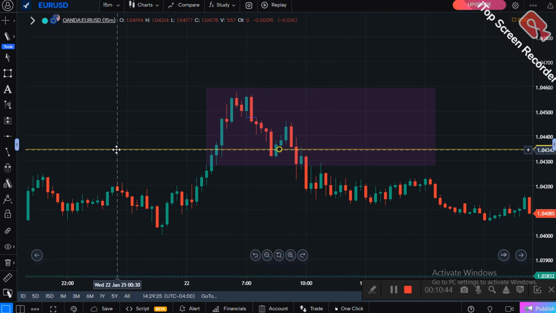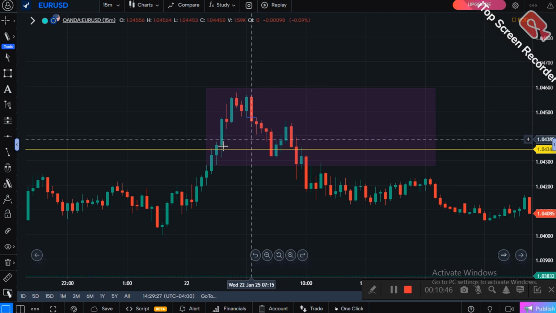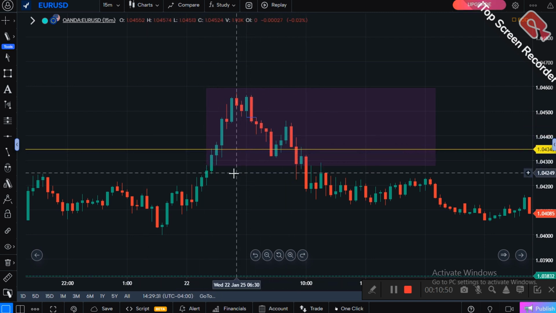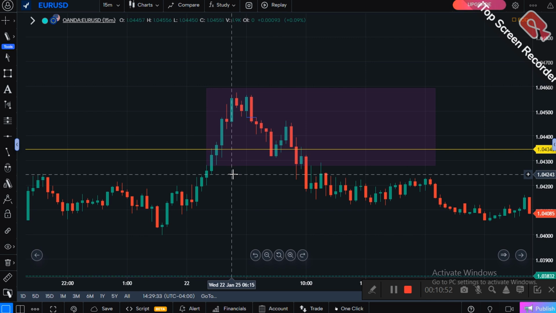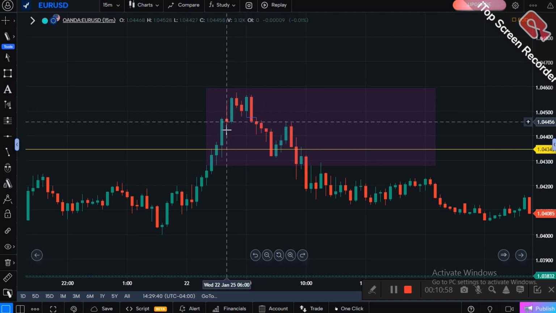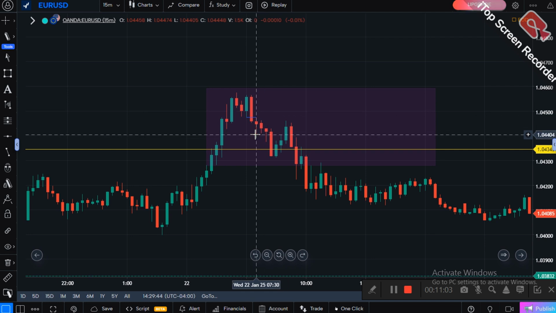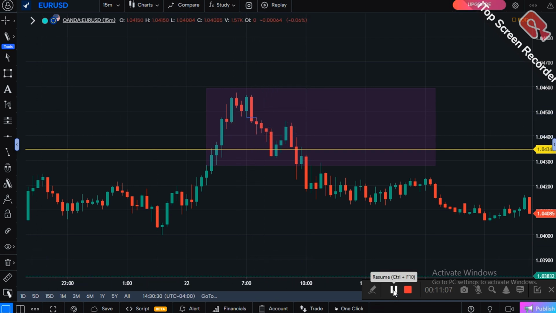Okay, anyway, this market structure shift. And the third confirmation is to wait for something like order block, fair value gap, breaker block, mitigation block, and rejection block. Anyway, we'll wait for this.